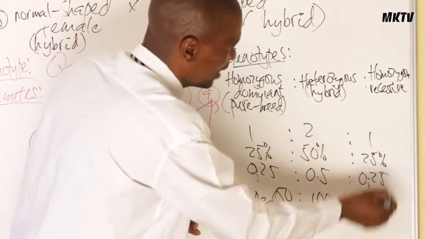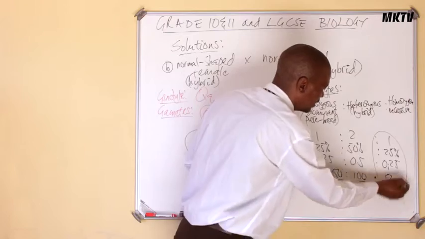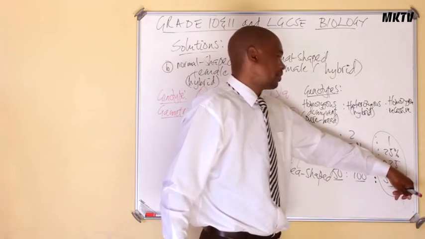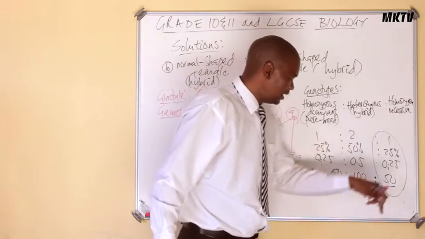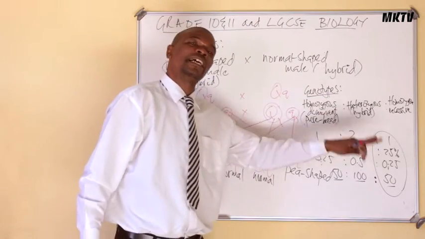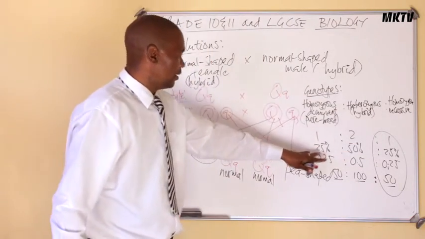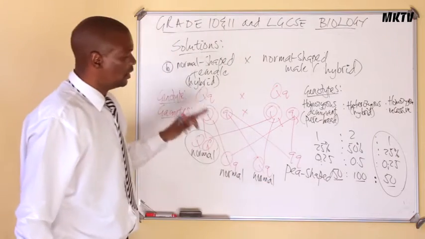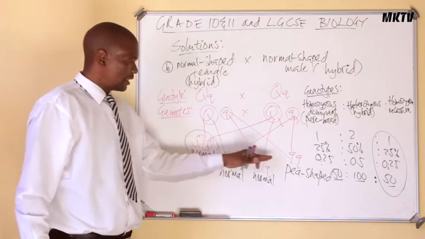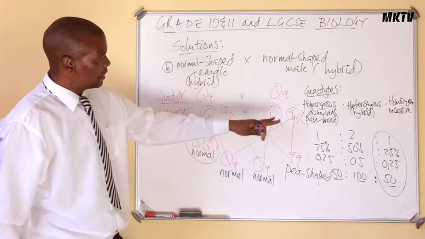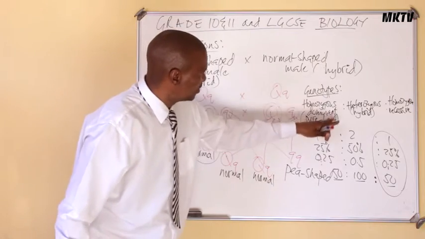And then these ones, they won't sell. Maybe they will consume them because we don't need them. So that's exactly what happens with these crosses that we are talking about. So my boys and girls, I think we are very clear that this is our genotypic ratio.